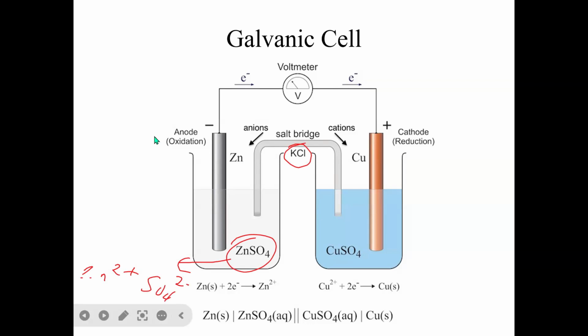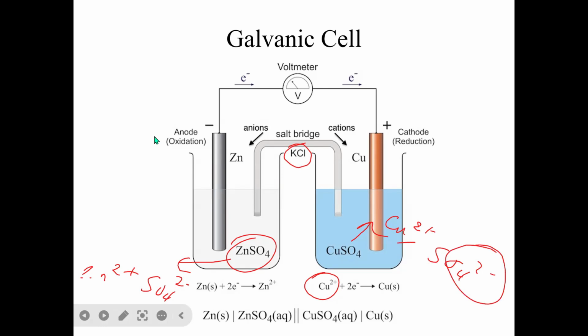And then we have copper 2+, which is produced as a result of the ionization of copper sulfate to copper ion and also sulfate ion.